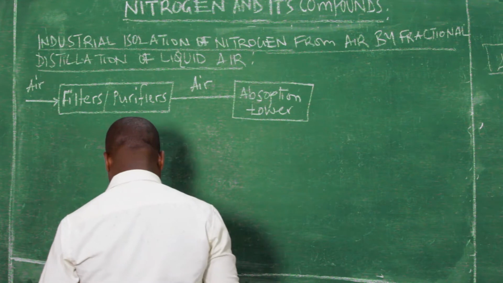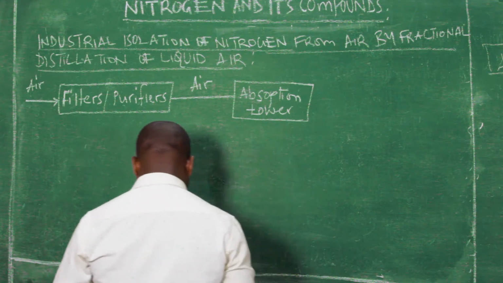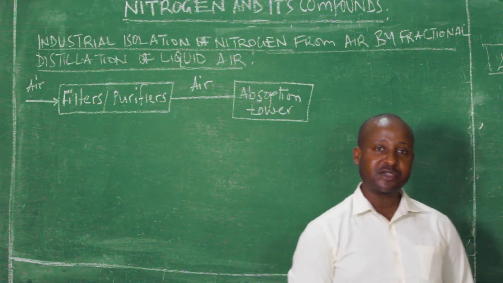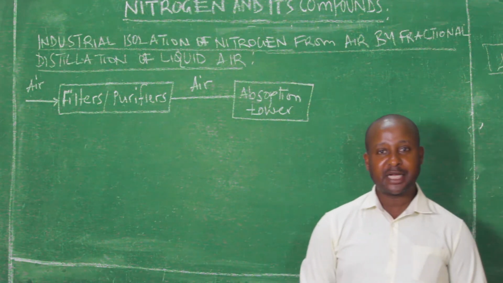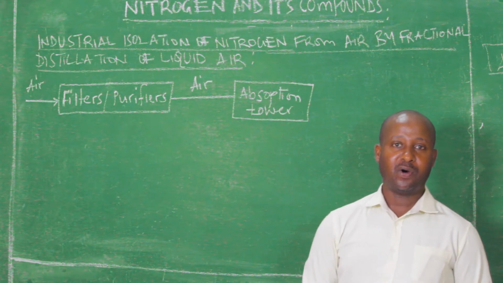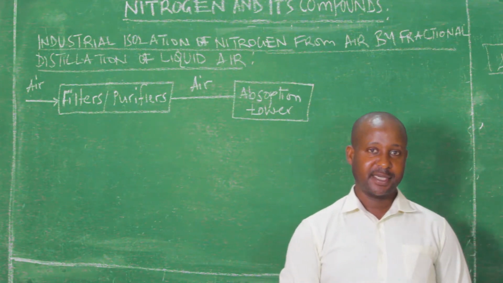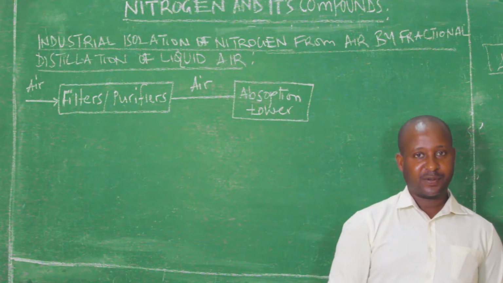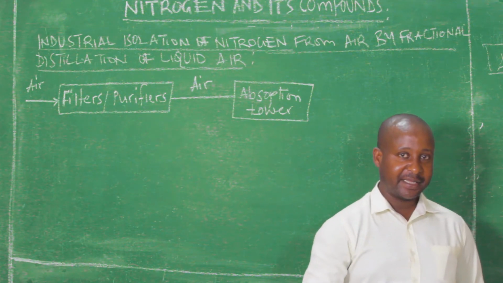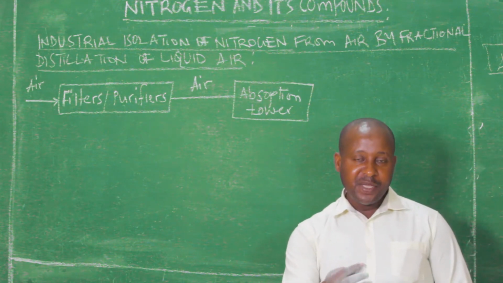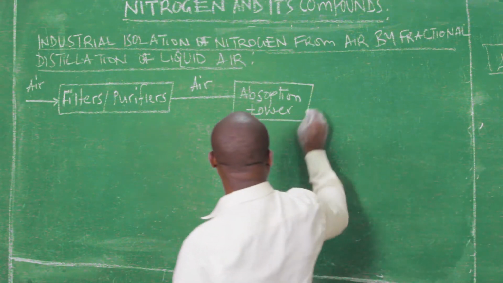The absorption tower usually contains concentrated sodium hydroxide solution or concentrated potassium hydroxide solution. And these solutions in the absorption tower remove carbon dioxide gas, so that air remains free of carbon dioxide gas.